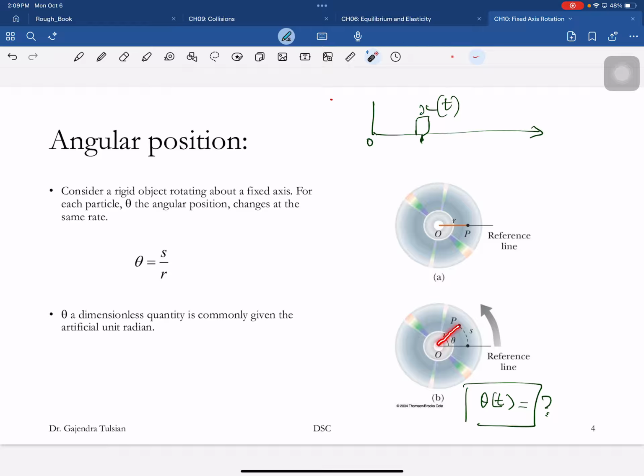What are the units for r? Meters. What are the units for theta? Nothing. So it is given an artificial label, radians. Theta is a dimensionless quantity, and it's given the artificial unit radians. And 1 radian is roughly 60 degrees, 57 and change.